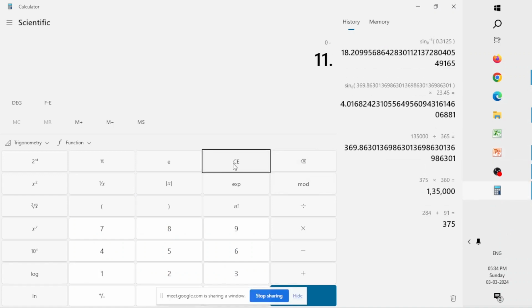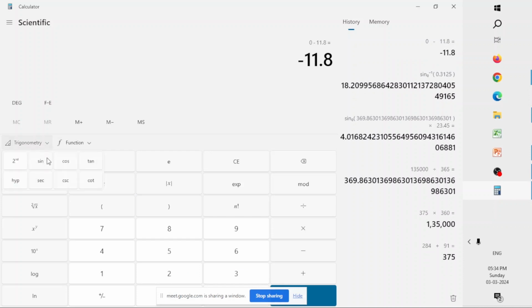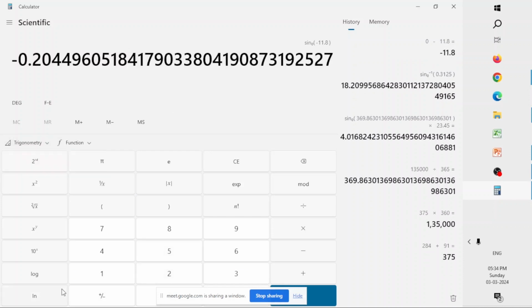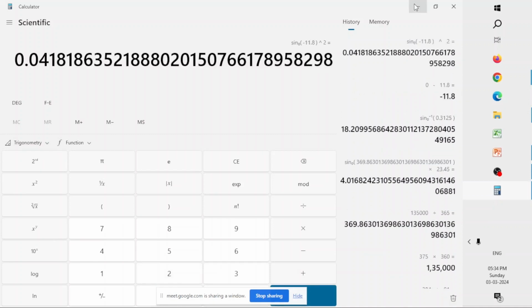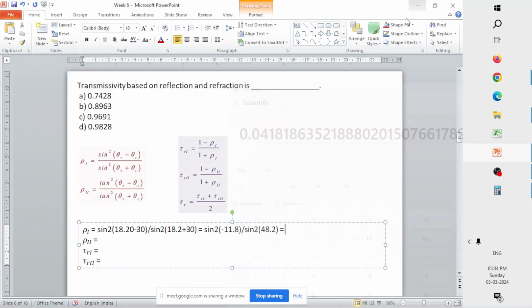Sine of minus 11.8, square it up, gives 0.0418, whole divided by sine square of 48.2, which is 0.5555.